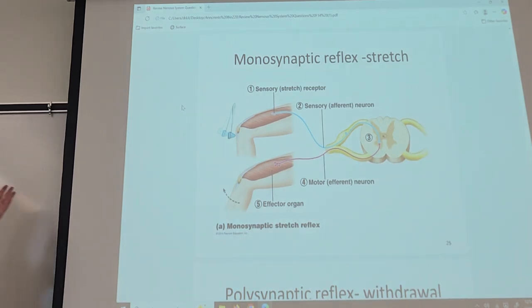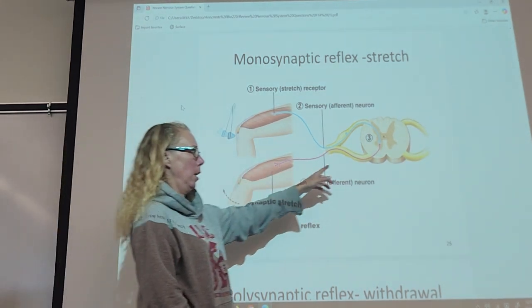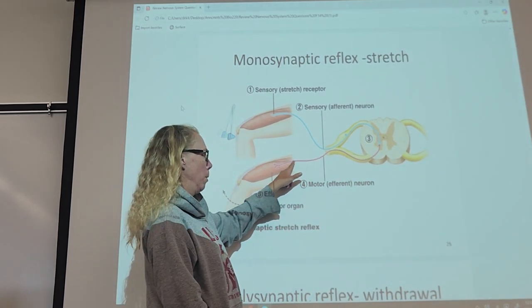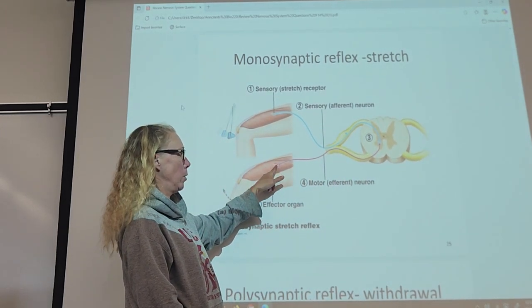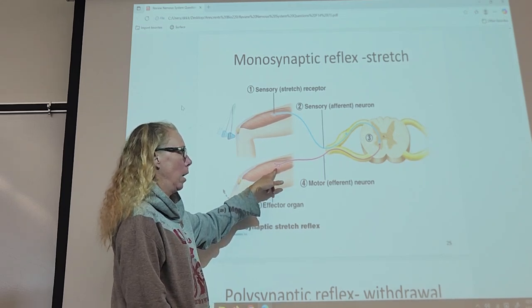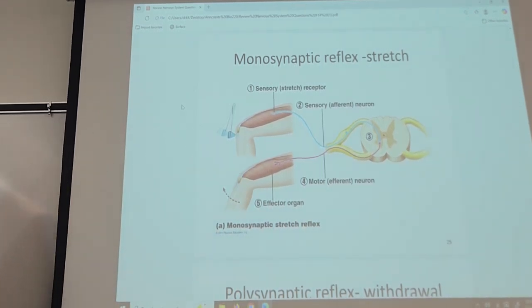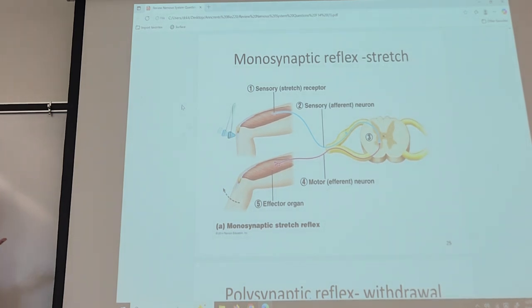So the motor neuron then gets stimulated and sends information out the ventral root into a spinal nerve, terminating on an effector, which is the quadriceps muscle. The overall desired effect is contraction, and so you extend your leg.